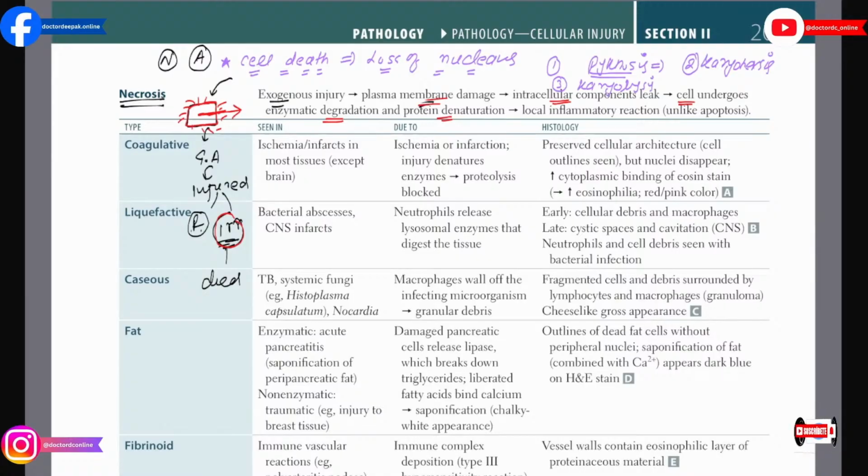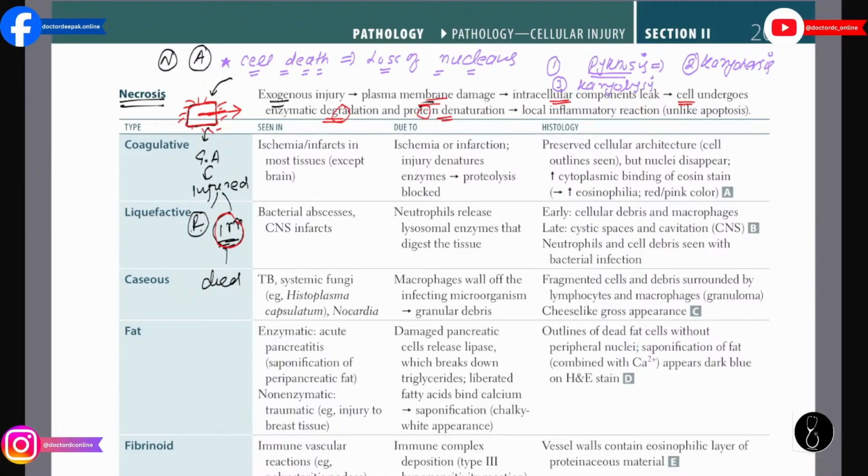Then, as I told you, there is some kind of stress, some kind of injury from outside. That injury will lead to plasma membrane damage. And when the plasma membrane gets damaged, the intracellular enzymes will come outside, and these enzymes will lead to degradation of the cell and protein denaturation of the cell.